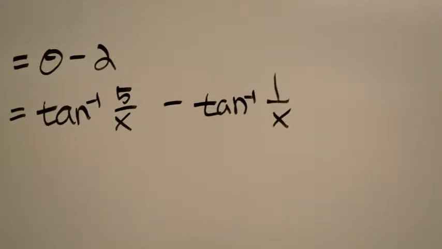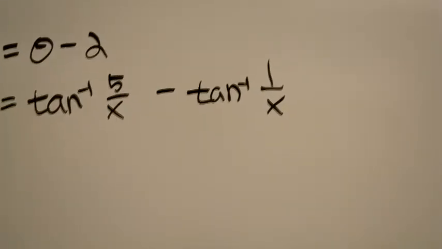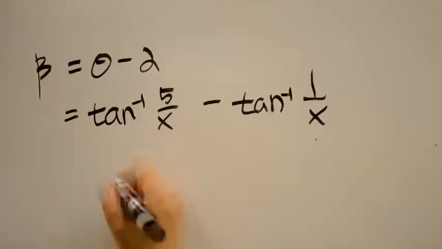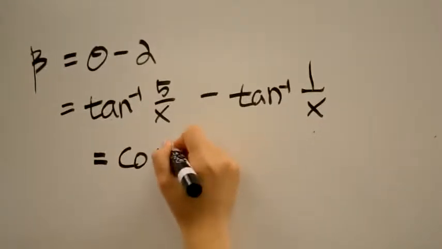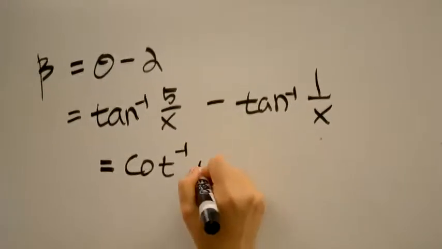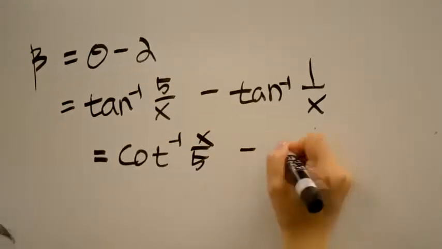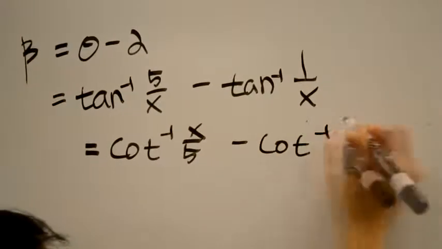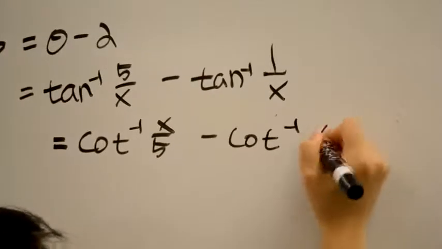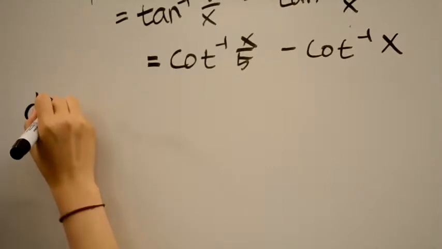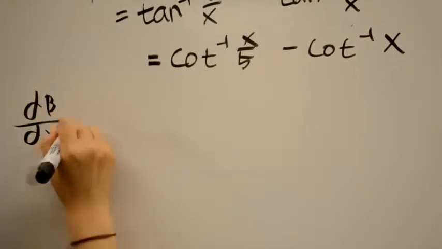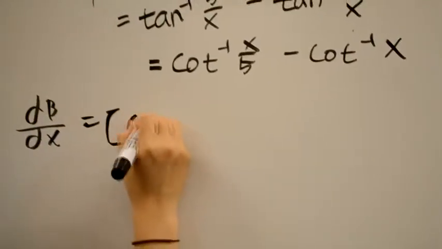So now we're going to take the derivative of this function, since the candidates for critical numbers exist where the derivative equals 0, and we want to find the maximum value of angle B.